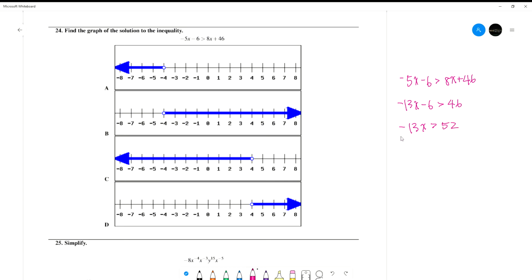And then to solve for x, we can divide by the coefficient negative 13. And when you divide by a negative, the inequality sign flips, right? So this greater than becomes a less than symbol, and we get negative 4. So what does that look like? On a number line, if you had negative 4 here, it's an open circle because it's not equal to, and less than is to the left. So we have answer choice A.